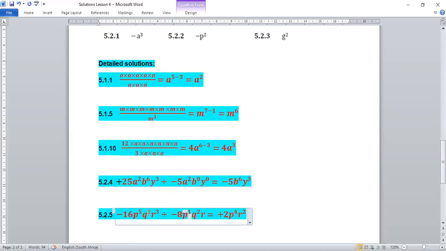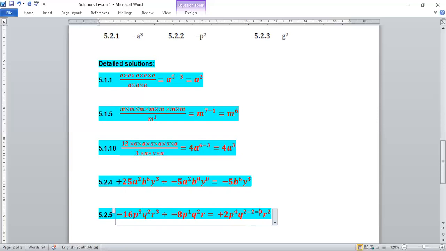Just one thing for you to remember. When a term like q squared is divided by q squared, you could also have this. Because remember, that is actually 2 minus 2, which equals 0.